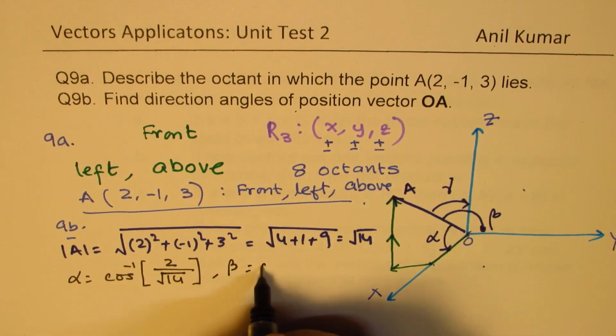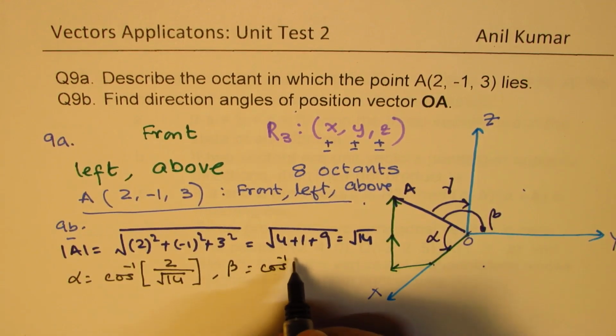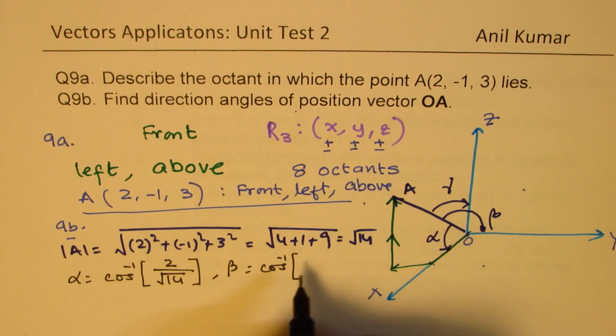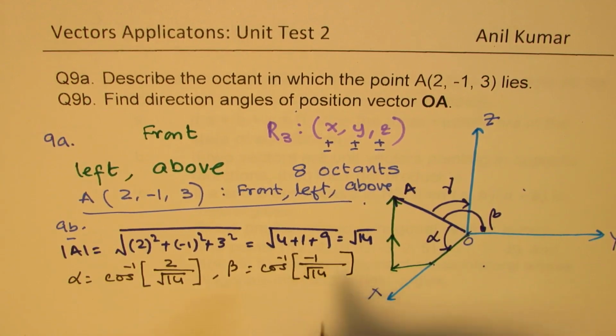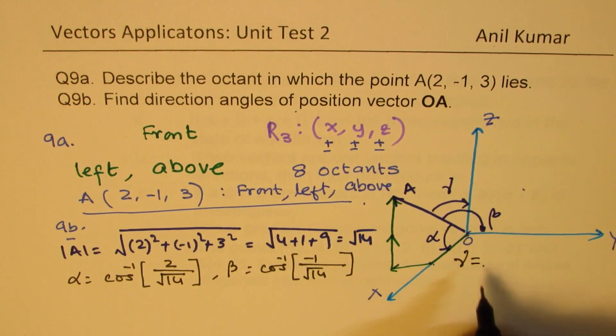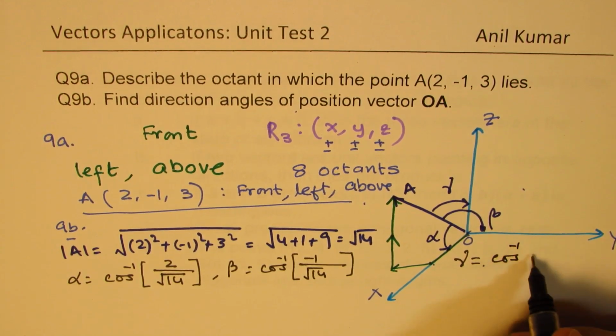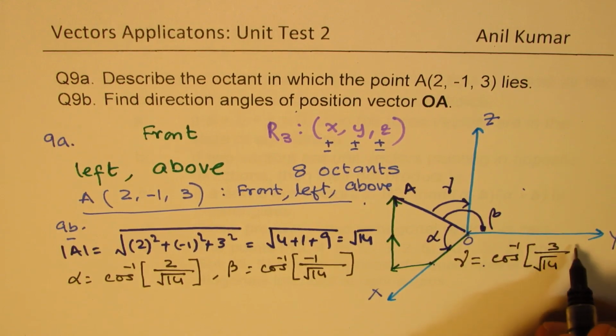Beta is going to be cos inverse of minus 1 over square root 14. And gamma is going to be cos inverse of 3 over square root 14.